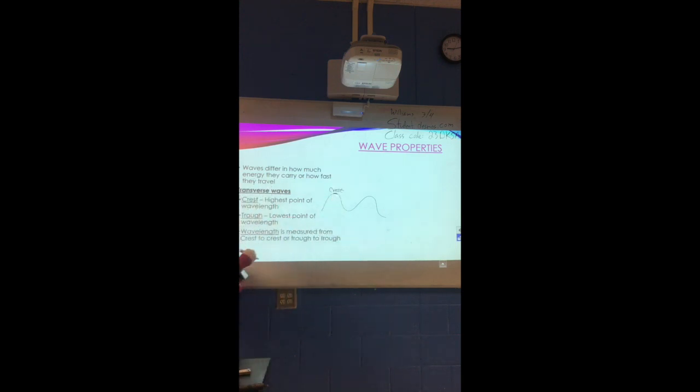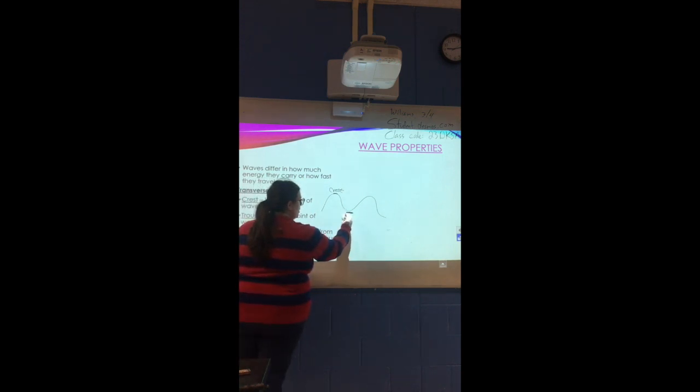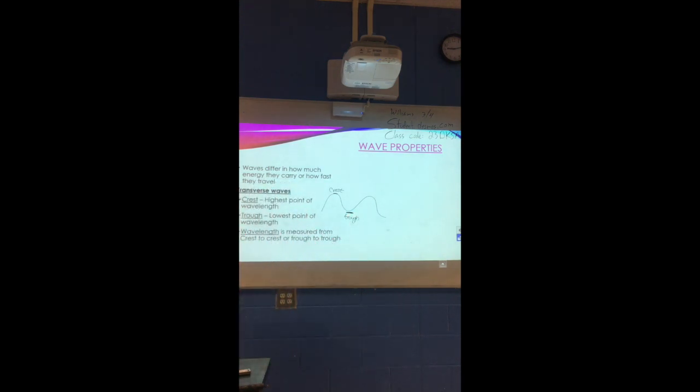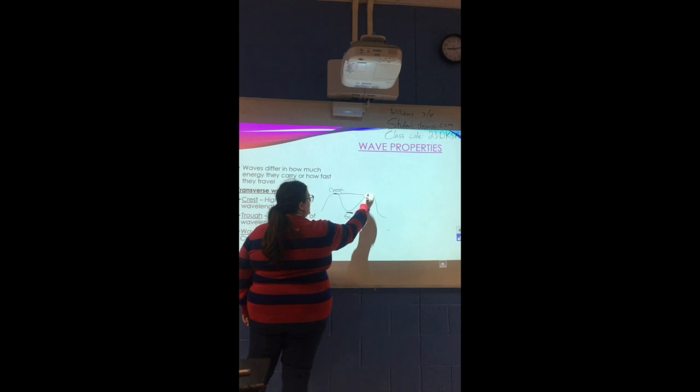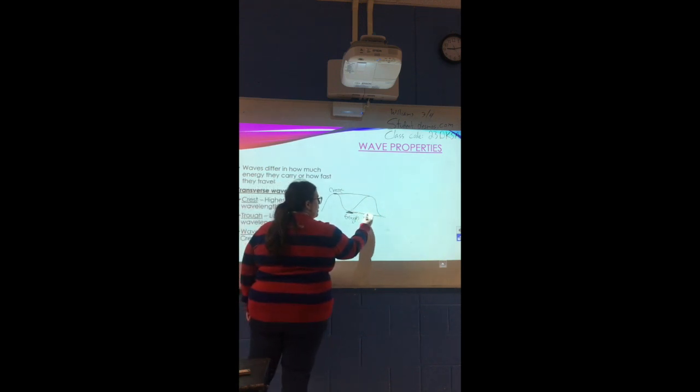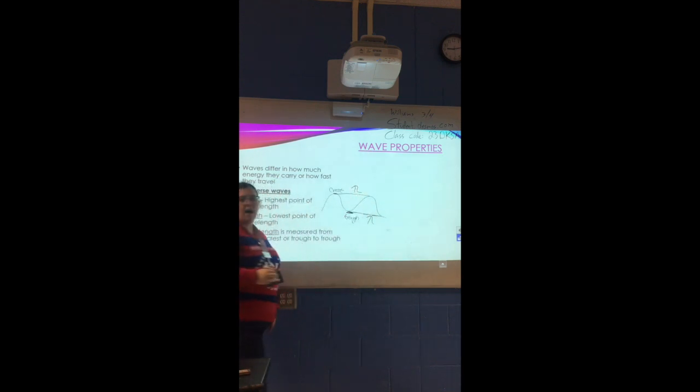You're going to have your trough, which is this point. And then you're going to have your wavelength, which is the measurement from crest to crest. So your whole wavelength is crest to crest or trough to trough. That's your wavelength, and we call that lambda.